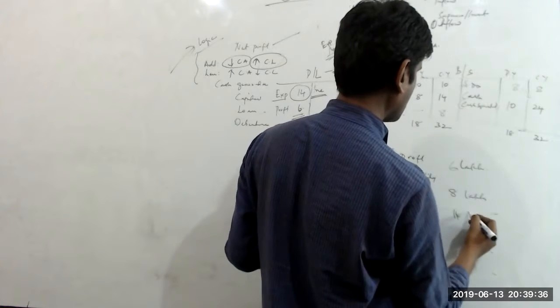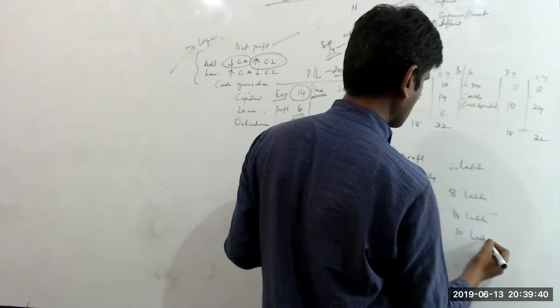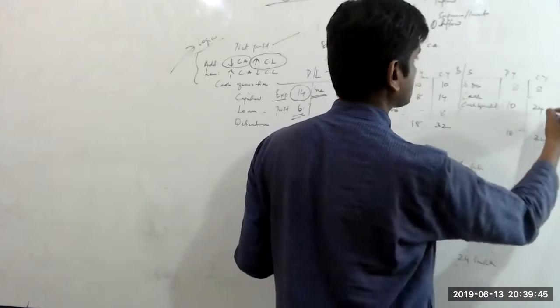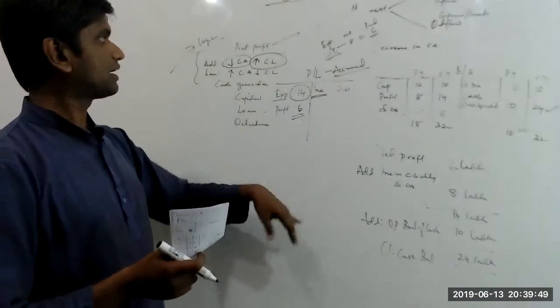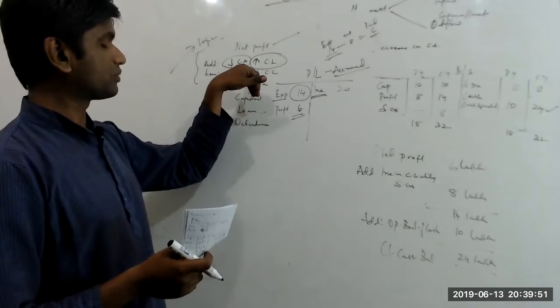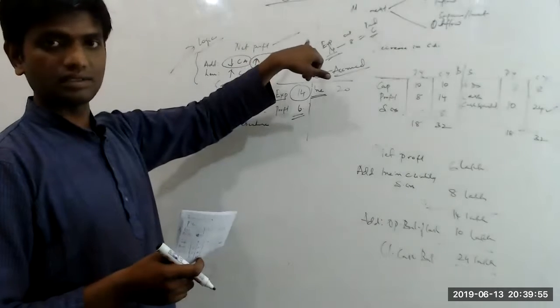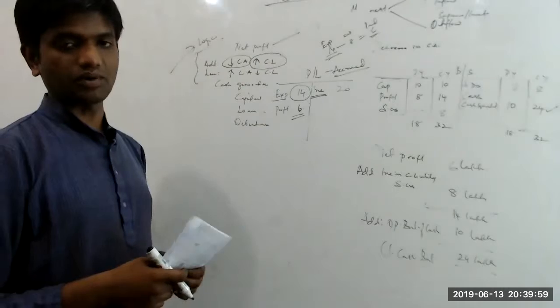So the total is 14 lakhs. Add back the opening balance of 10 lakhs. So you get a closing cash balance of 24 lakhs, which matches my cash balance. Okay, so this is the logic behind why, if there is a reduction in current assets or an increase in current liability, we are supposed to add this to the net profit.